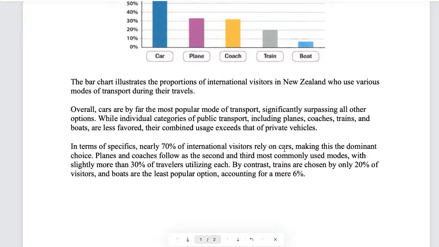Their combined usage. Do you know how to write usage? Someone? Use. Yeah, usage. How do you spell that? U-S-E-D? No, not U-S-E-D.